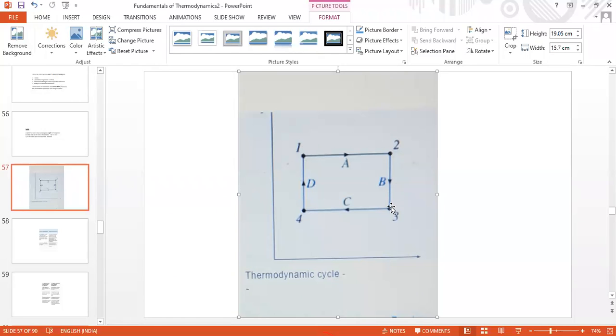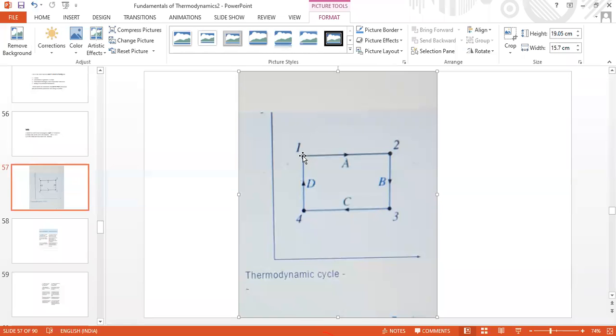Or simply, the area subtended by 2 to 3 on the volume axis is 0. No area is subtended. Only a single point will be there. If you extend 2 to 3 onto the volume axis, it will be a single point. Similarly, if you extend 1 to 4 onto the volume axis, it will be a point.